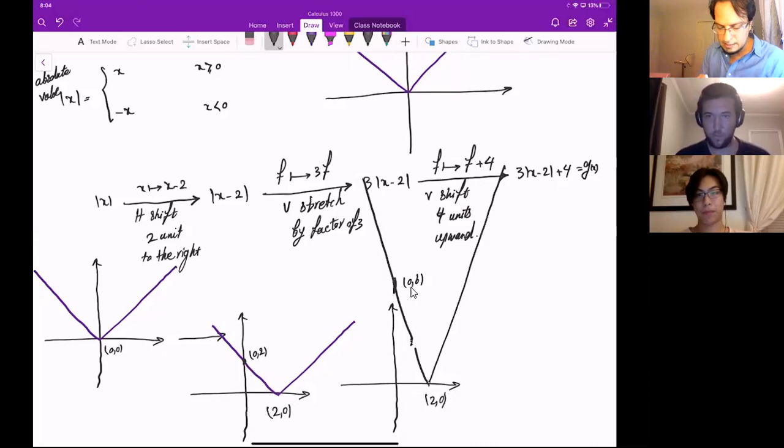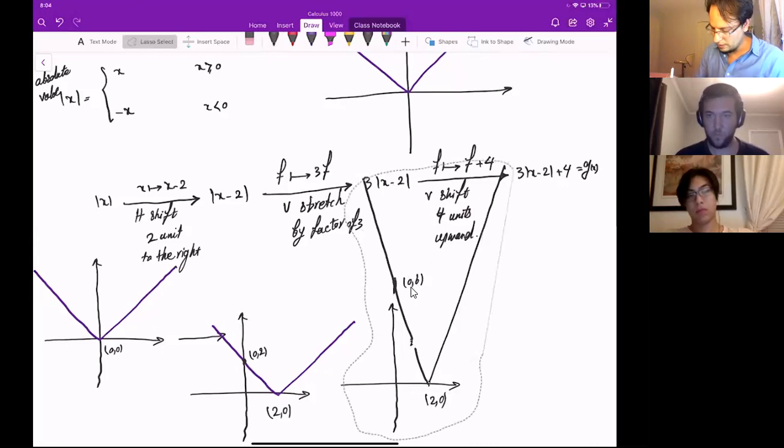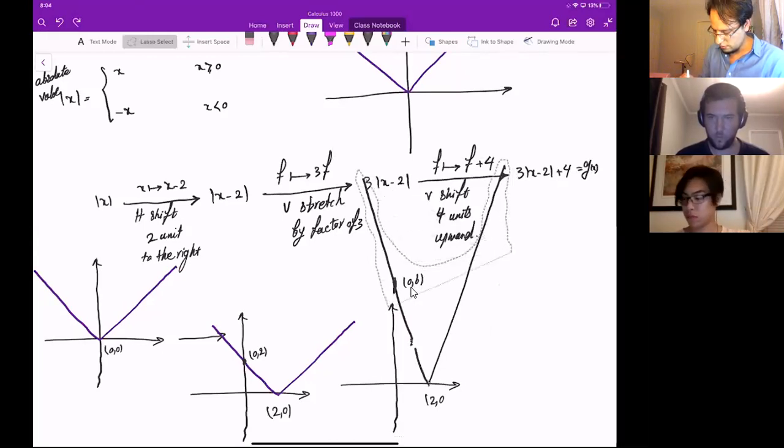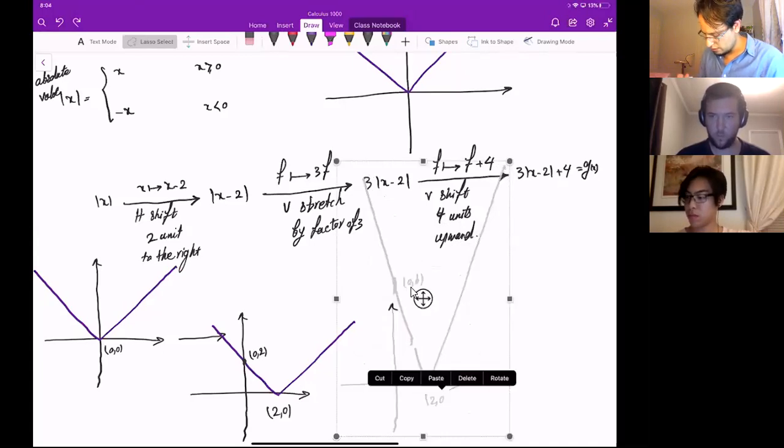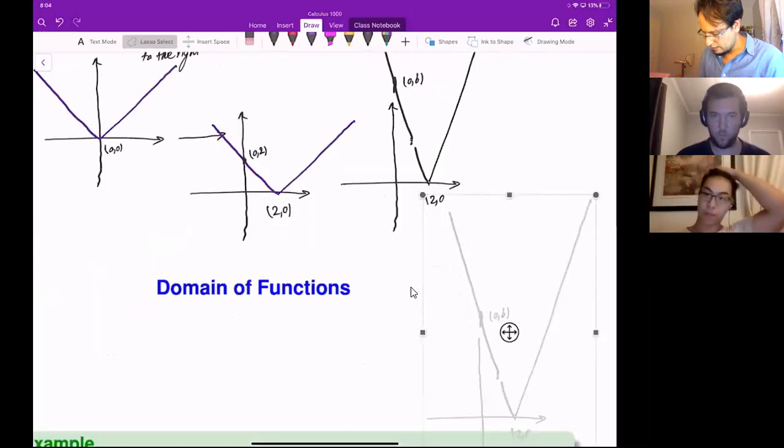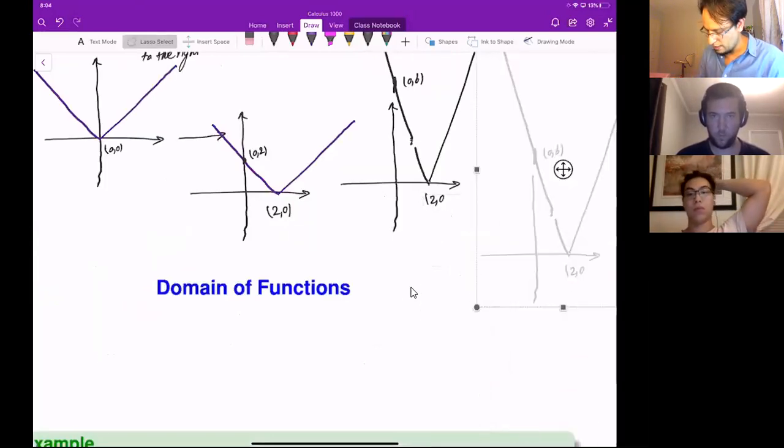Now, the last step is that we shift everything 4 units up, and I will do that one. Copy and then paste. This is what we have.